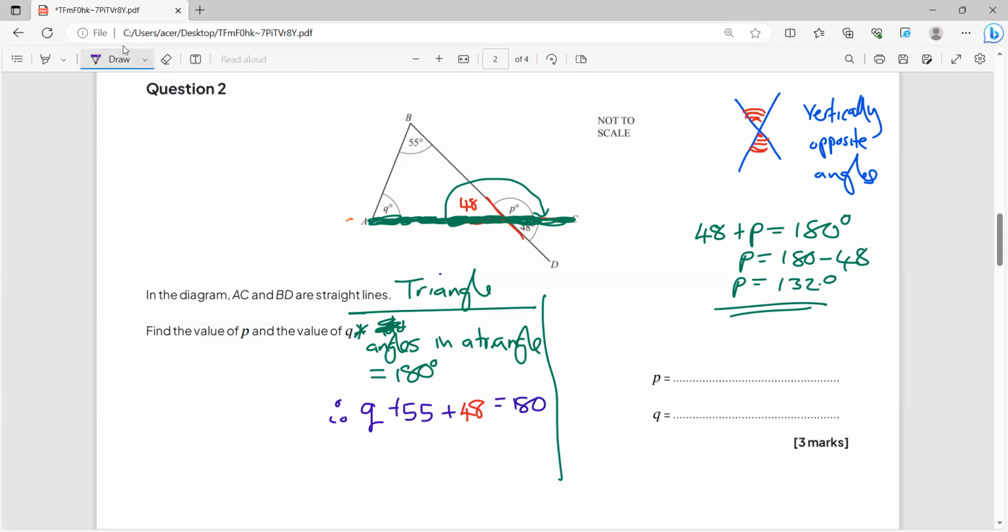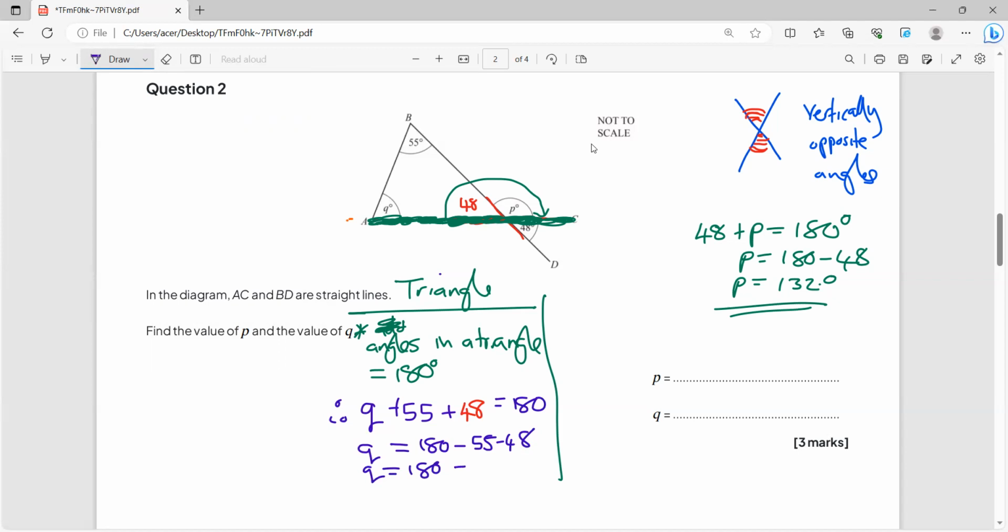So now it's a matter of just changing the subject. So we have Q equals 180 minus 55 minus 48. Then we can punch that in on the calculator.